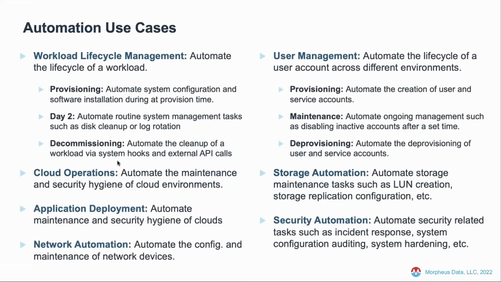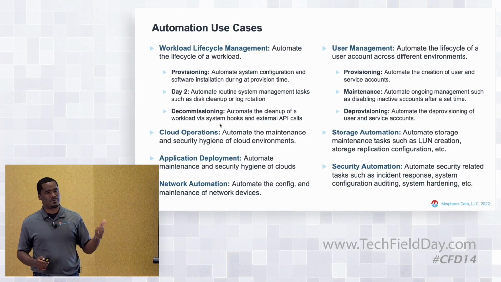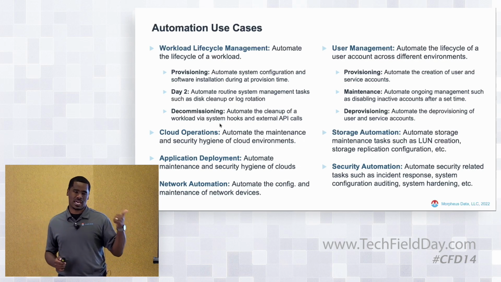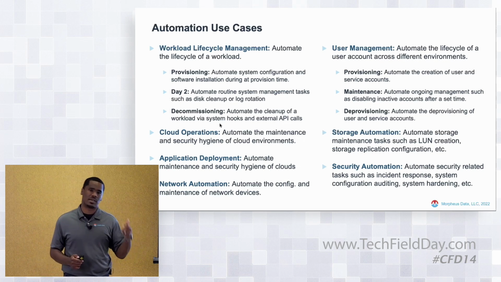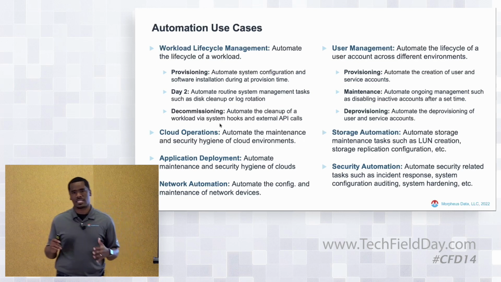So there's a number of use cases for automation. Here's just a small handful of things that you could use automation for in an enterprise IT environment. Workload lifecycle management, a core aspect of the Morpheus platform, being able to leverage it for provisioning of workloads, tying into those workloads, Day-2 management, decommissioning, starting to also look at peripheral aspects of IT operations.